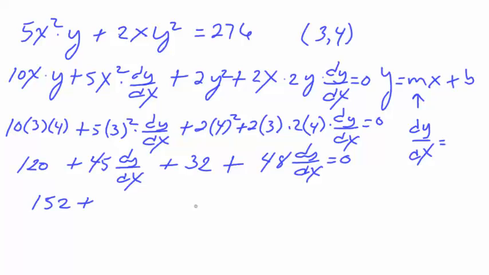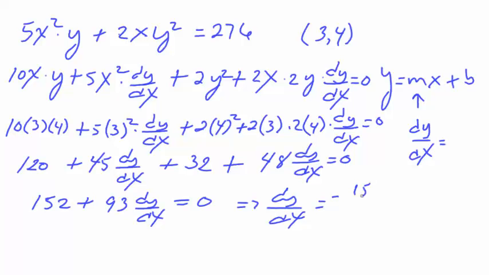I do believe 93, right? Hope that's right. 93 dy over dx equal to 0. So now we can say that dy over dx is equal to, bring the 152 over, negative 152 over 93.